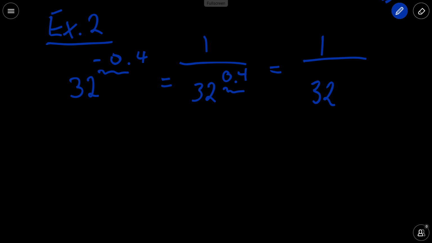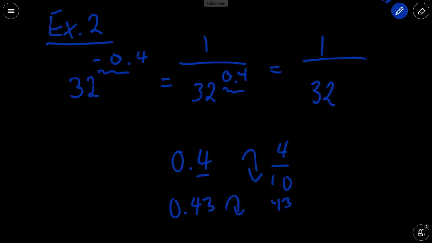Remember, if you want to convert a decimal into a fraction, 0.4 is in the 10th position after the decimal point, so we write 4 over 10. Just another example: if you have 0.43, that's in the 100th position, so that would be 43 over 100. That's just a little side note.